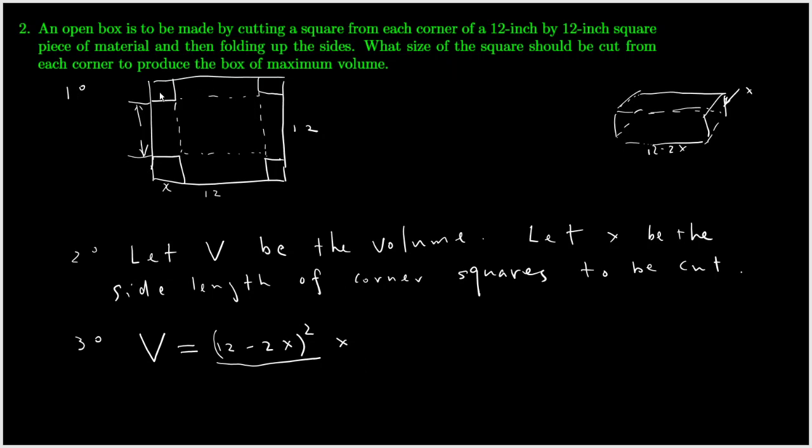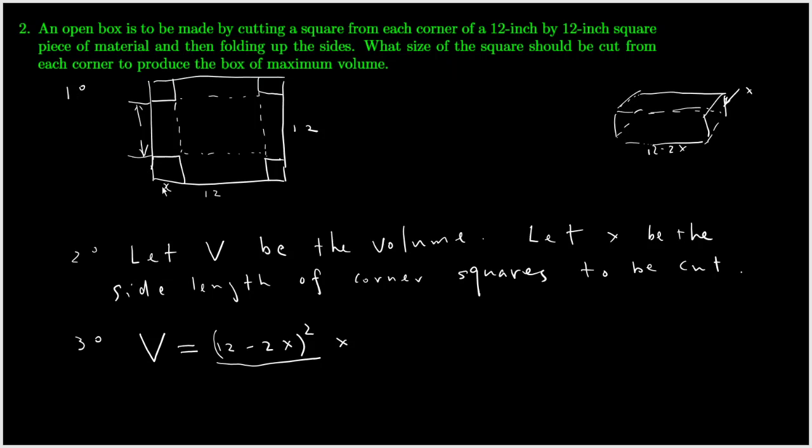I mean using the real life problem, using the given problem to identify what is the largest possible value of x and what is the smallest possible value of x, using the word problem. Now think, x is the side length of the corner squares, right? You have 4 corner squares. X is the side length of the corner squares.